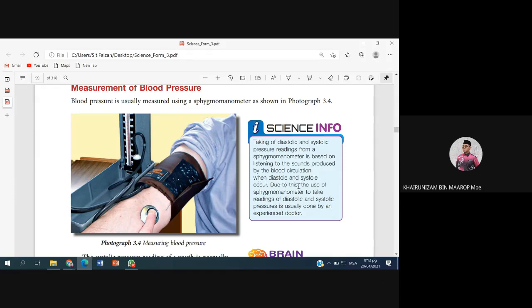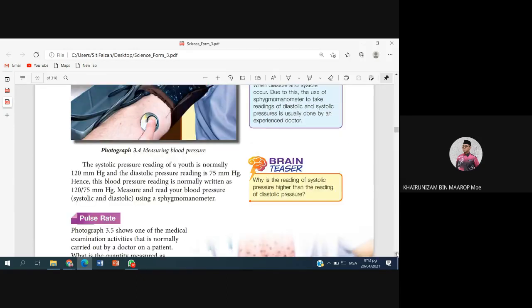So due to this, the use of a sphygmomanometer to take diastolic and systolic pressure readings is usually done by an experienced doctor, where the stethoscope is put here, and the doctor can hear the sound of the heart.